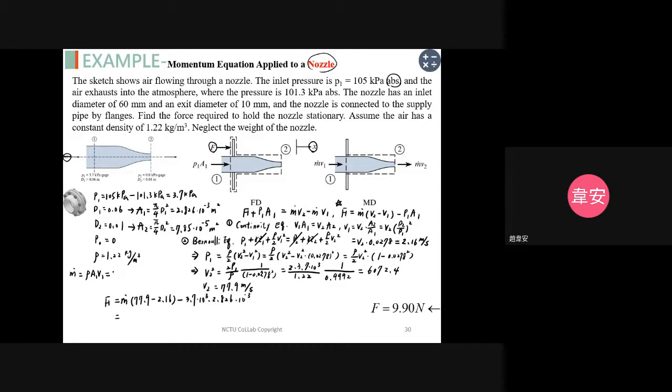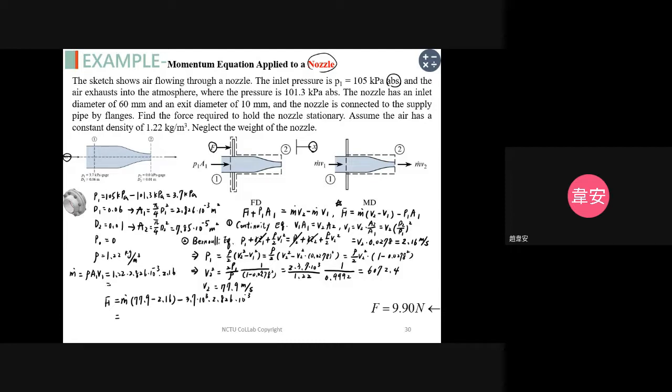So density is 1.22, and the A1 here is 2.826 to the minus 3 power, and the V1 in here is 2.16.